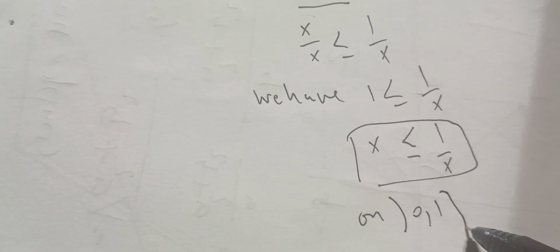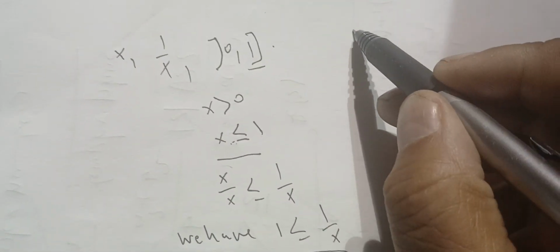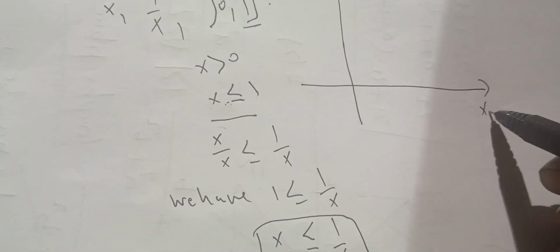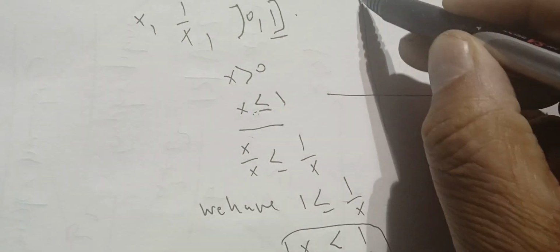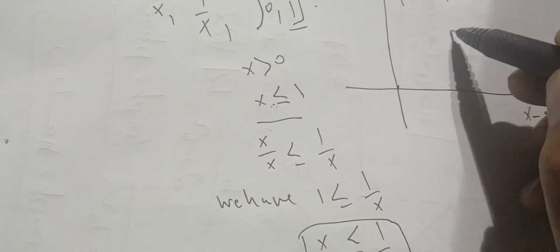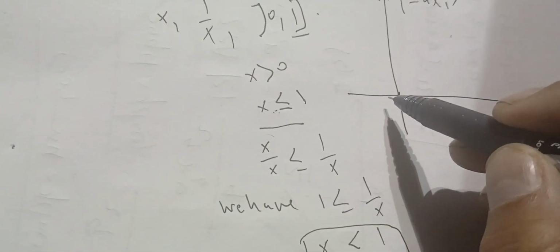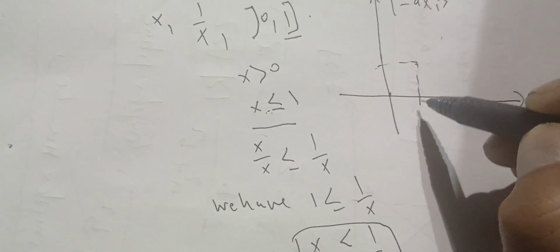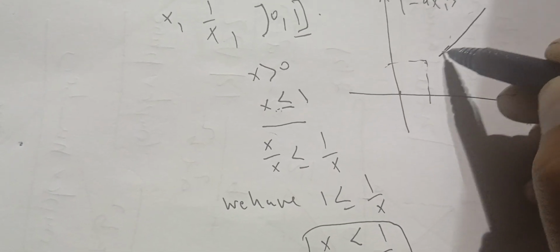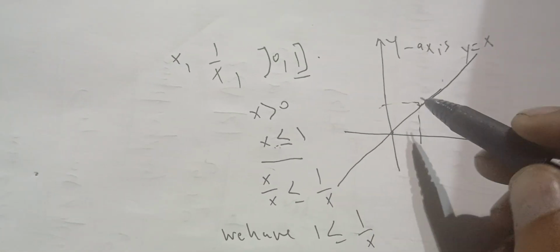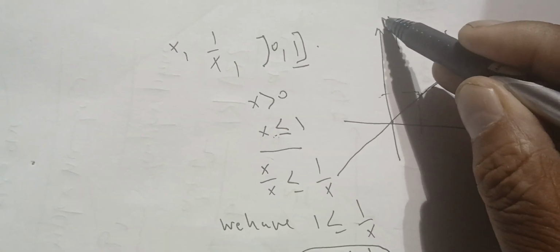Okay, so let's graph these two functions. This is our x-axis, this is our y-axis. Here we have the function y equals x. Let's have this one as 1. This is y equals x, and 1 over x is this one.